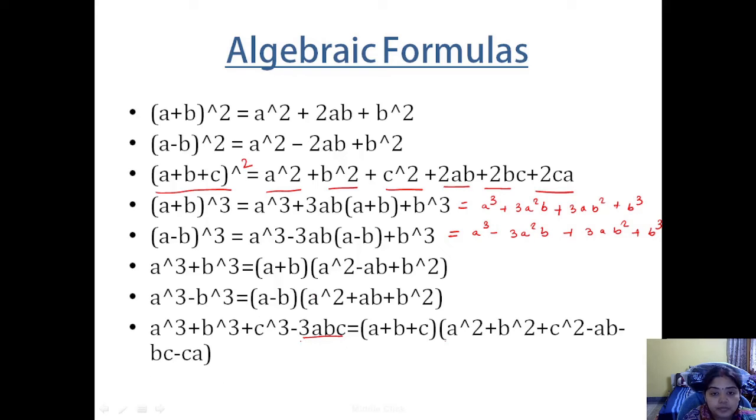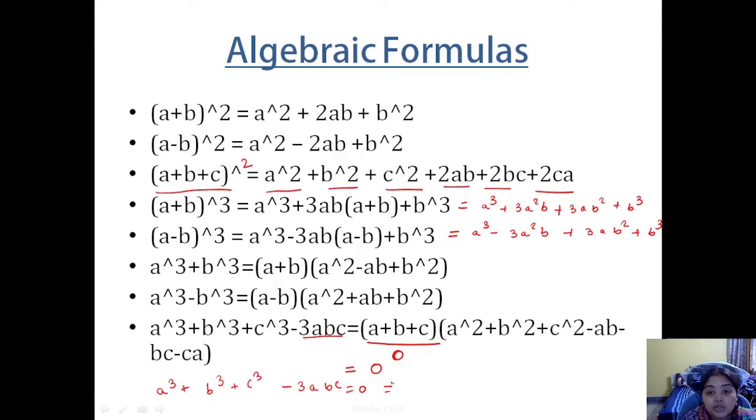Now here, suppose this a plus b plus c is 0, so the resultant will also be 0. In that case, a cube plus b cube plus c cube minus 3abc will be 0.